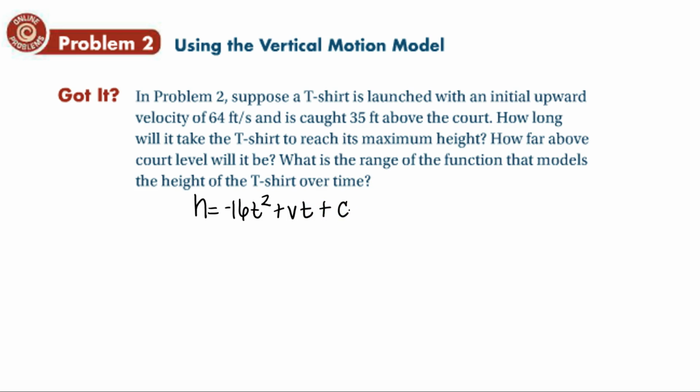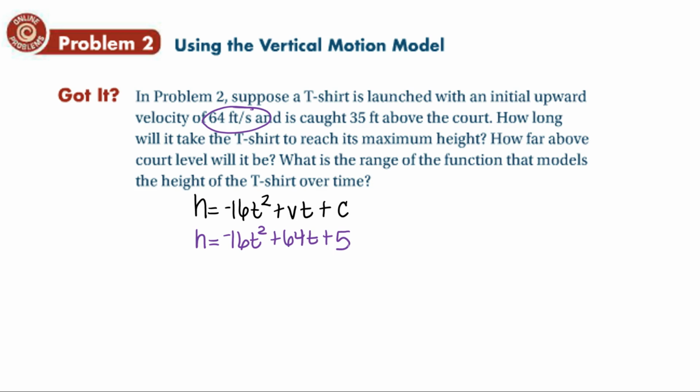It's using the problem I just showed you, which means my starting height is still 5 feet. The only difference here is my initial velocity is changing. So h equals negative 16t squared plus 64t plus 5, because 5 was my starting height.